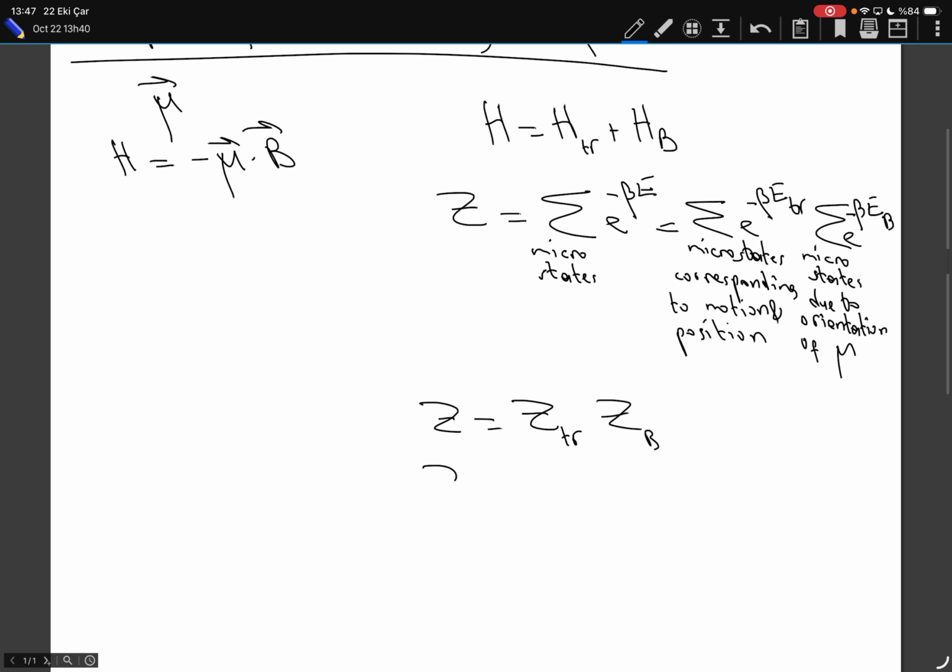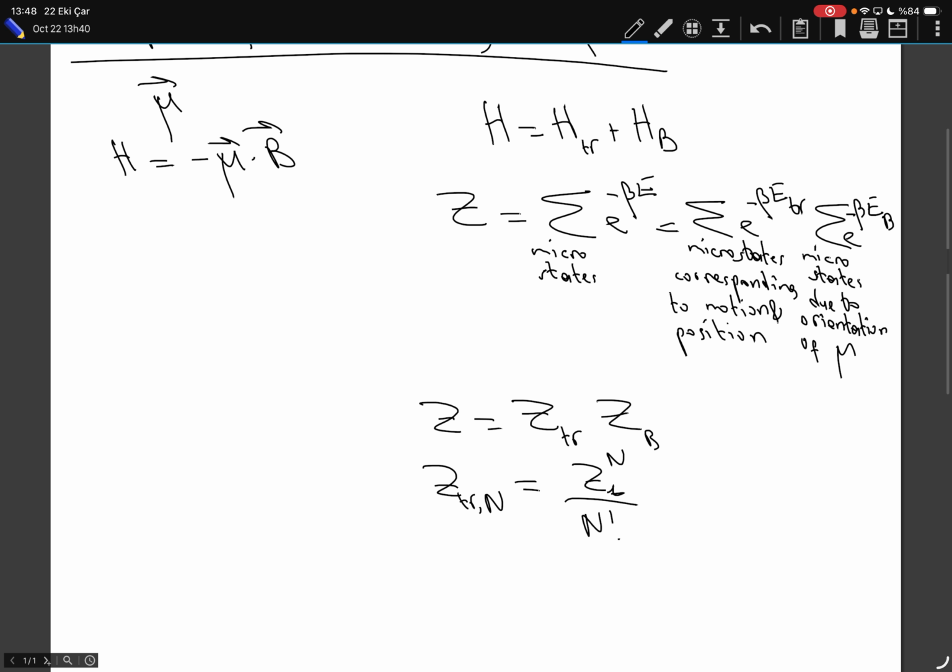Now, this Z translation for N particles, let's say, will be Z1 to the N over N factorial.